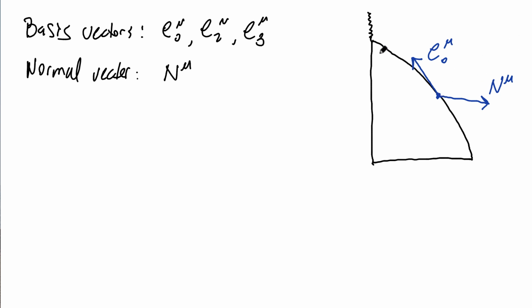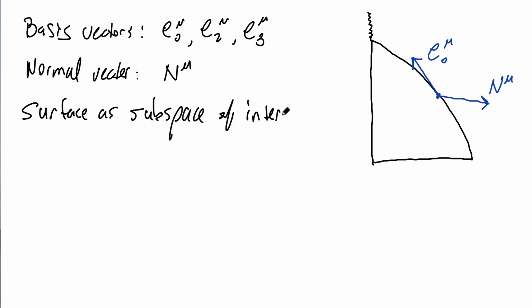So we'll have to compute the extrinsic curvature for both cases and then show that they match. And then we'll know that the matching of the two geometries, inside and outside, is smooth. So let's begin by computing the extrinsic curvature of this surface as a subspace of the interior geometry.